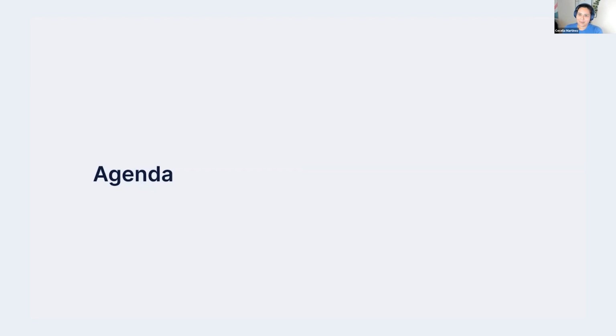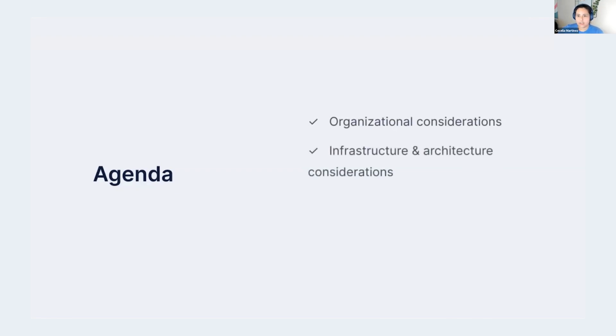That's something that we tend to think about later. So I'd like to provide you with all of the organizational considerations that you'll need to think about, infrastructure and architectural considerations, as well as process considerations, point by point, that will essentially provide you with a framework for defining your strategy.